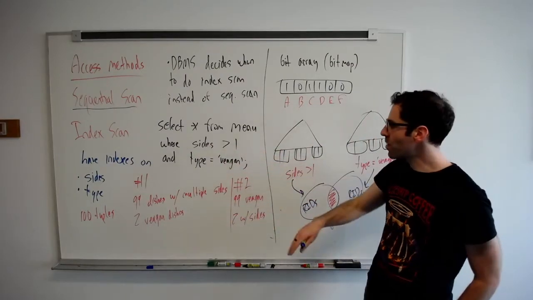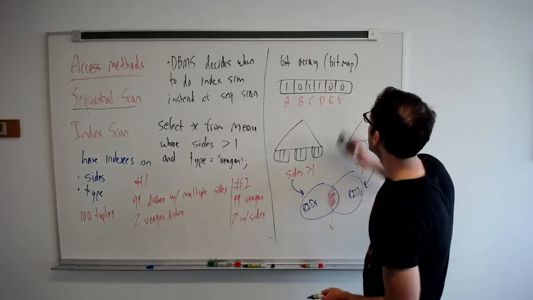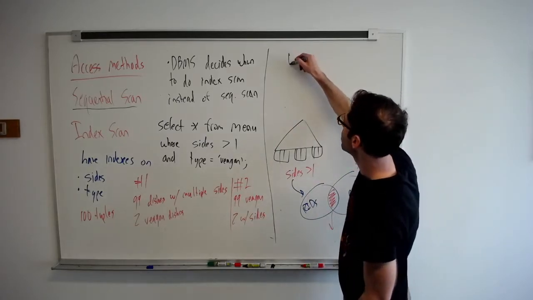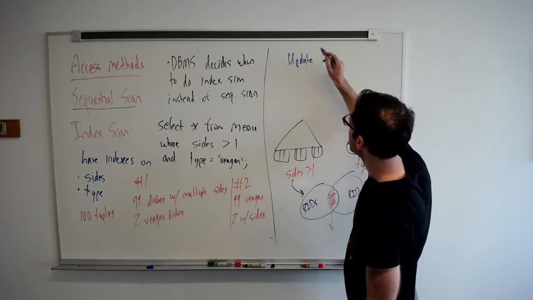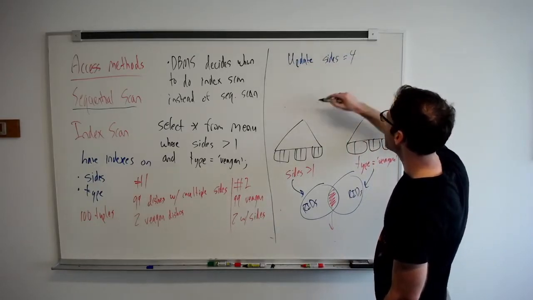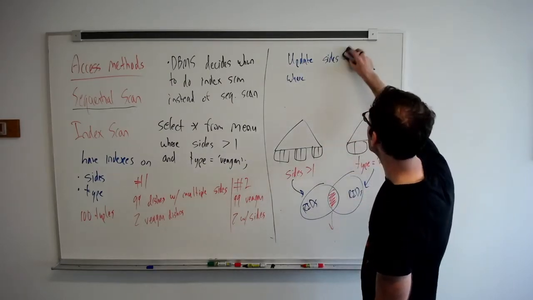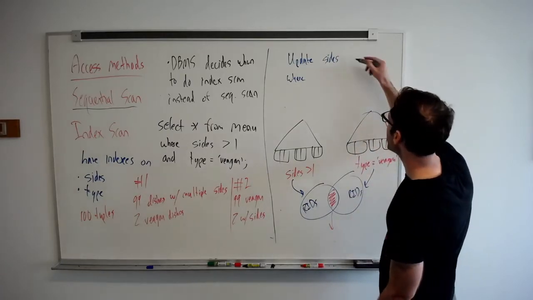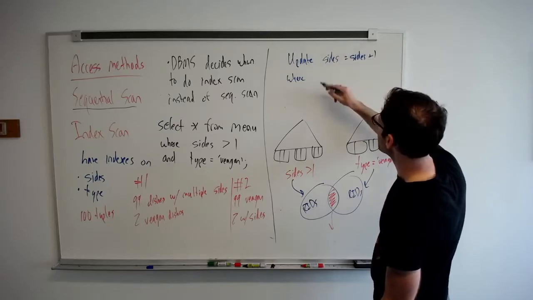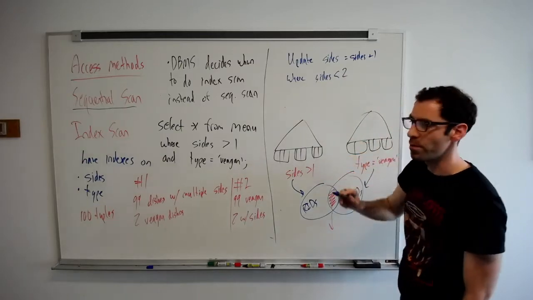So we write a query that says, all right, something like update sides equals sides plus 1 where sides are less than 2.